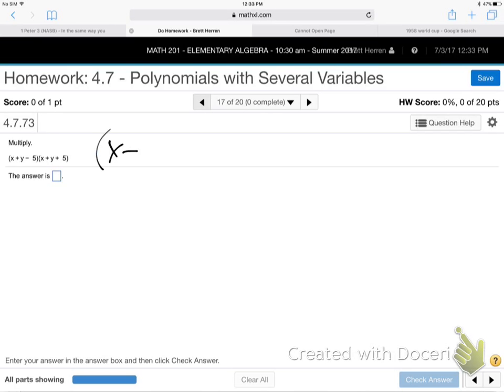So how about x plus y minus 5 times x plus y plus 5? That's going to be 3 terms with 3 terms, so 9 multiplications, right?